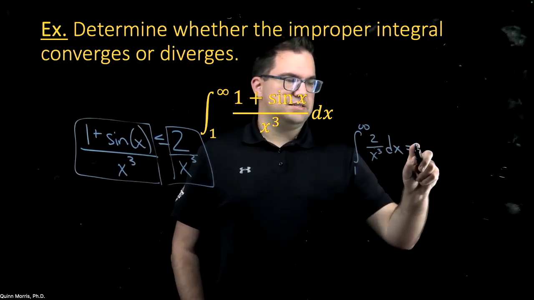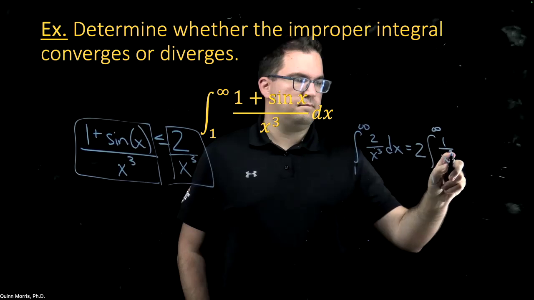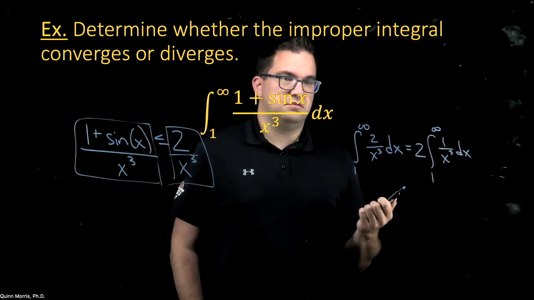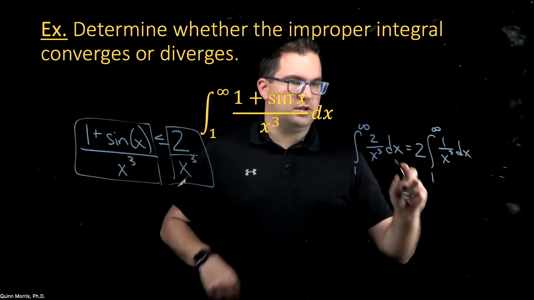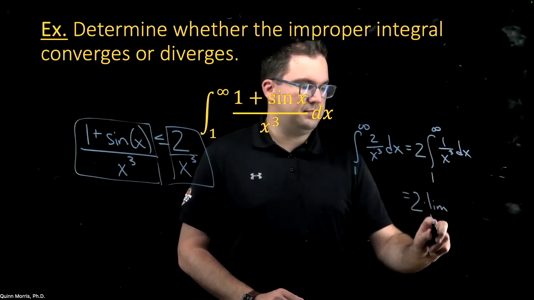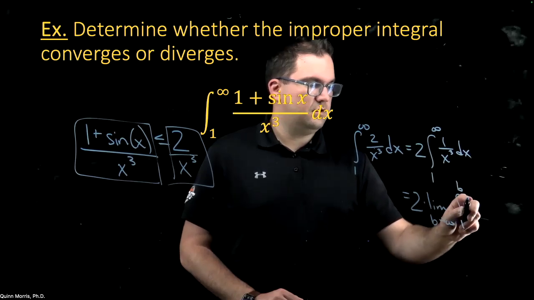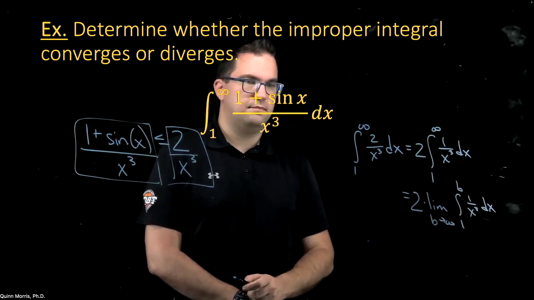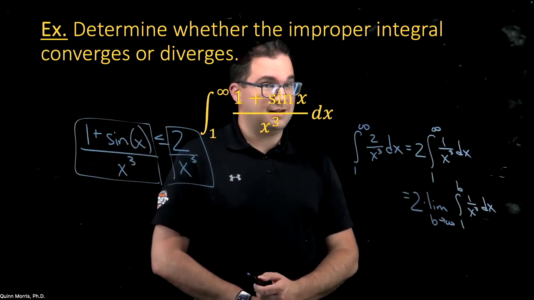The first thing I could do is factor this 2 out. Now this is a nice improper integral of the sort I should be able to do. I'm going to go through this a little quickly. This would be 2 times the limit as b goes to infinity of the integral from 1 to b of 1 over x cubed dx. You need an antiderivative of 1 over x cubed, or x to the negative 3.